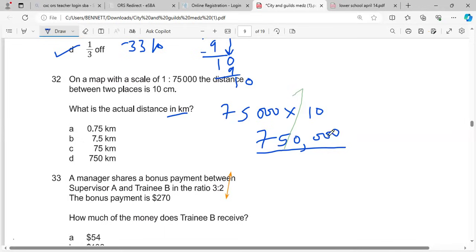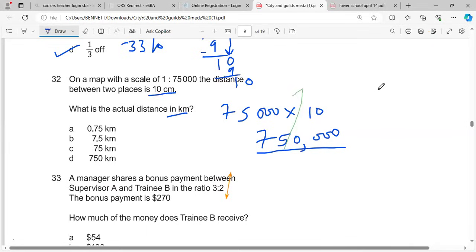Because look, 1, 2, 3, 4, 5, basically about 5 to 6 places. All right, let me give you a clue. What you have to think about is how many centimeters make 1 kilometer?